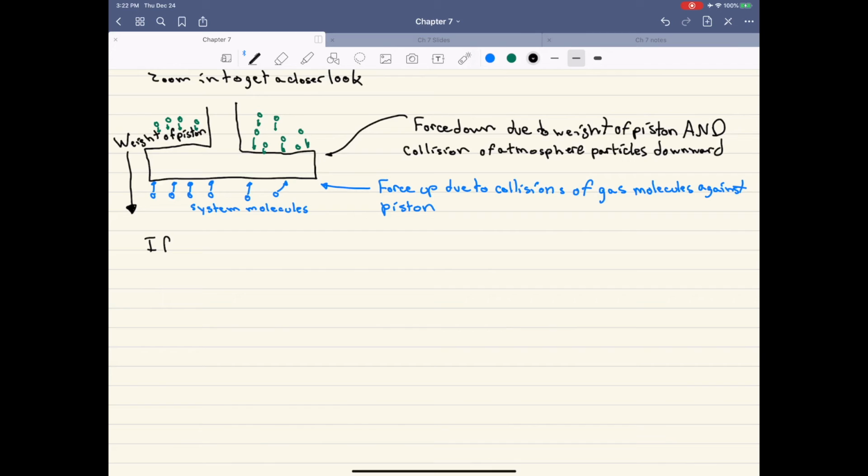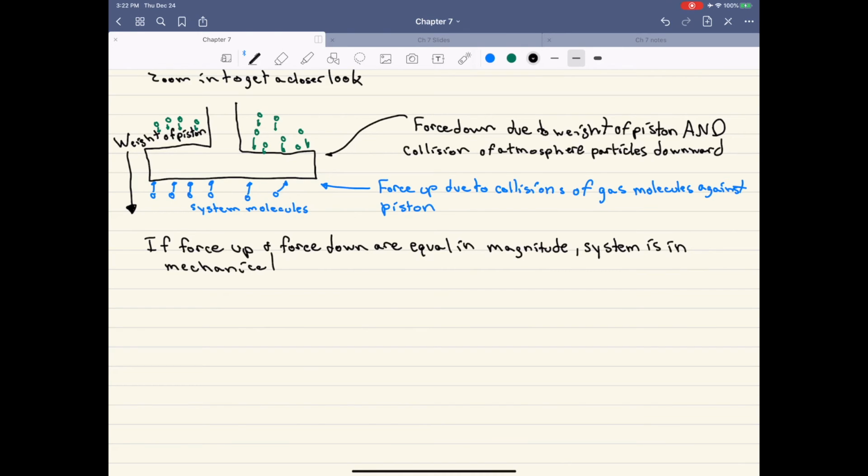And so if force up and force down are equal in magnitude, that means the system is in mechanical equilibrium.